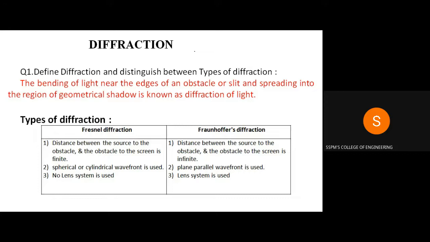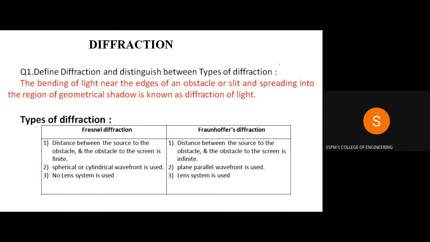Now let us talk briefly about diffraction. What is diffraction? In short, diffraction is a scattering phenomenon. As per geometrical optics, light always travels in a straight line path. But if any obstacle comes in its path, then light bends around the obstacle, or when it passes through a very narrow aperture, light is scattered at the edges.